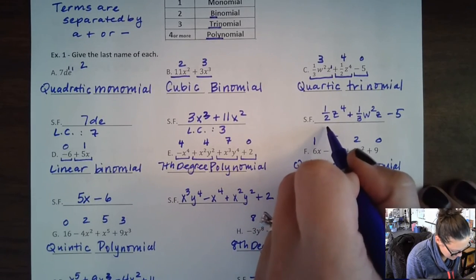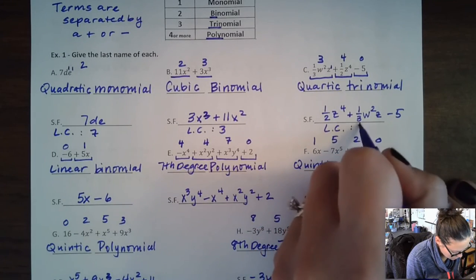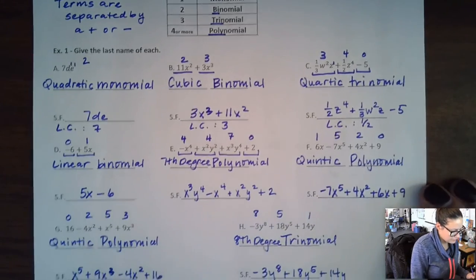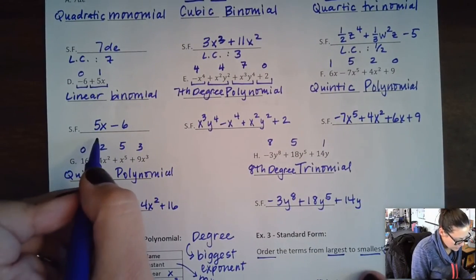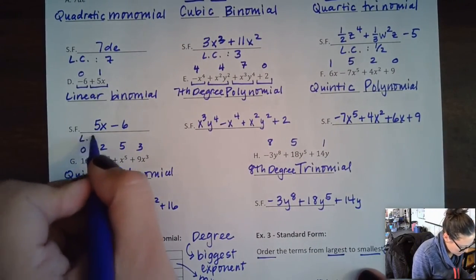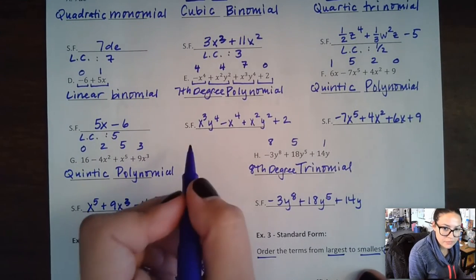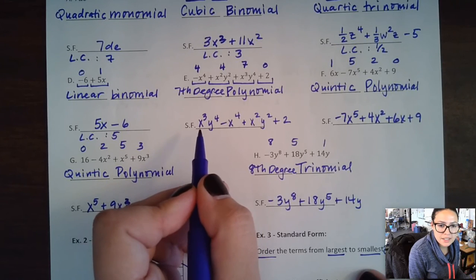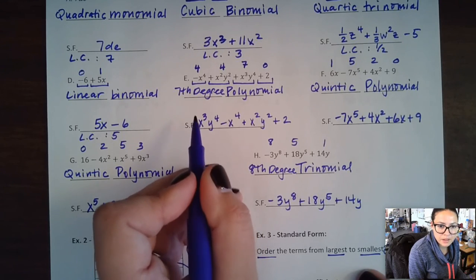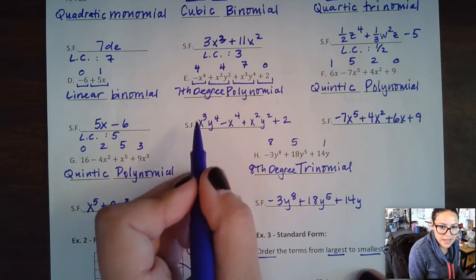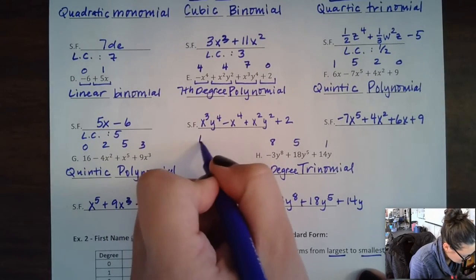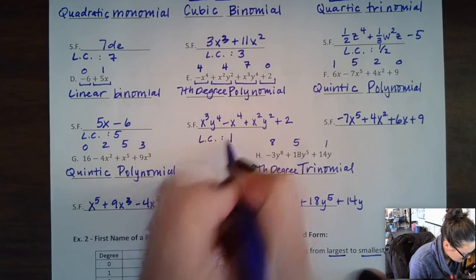For C, the leading coefficient is 1/2. For D, the leading coefficient is 5. How about for E? What's the number in front here? Remember, technically, there is a 1 there. So our leading coefficient is 1.